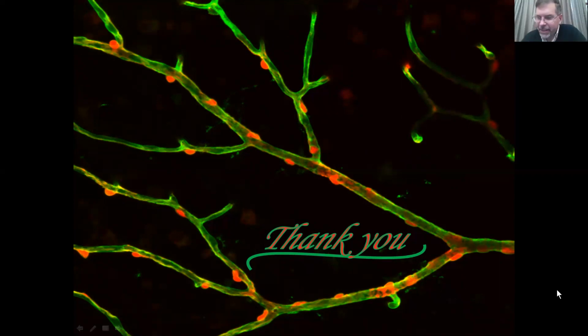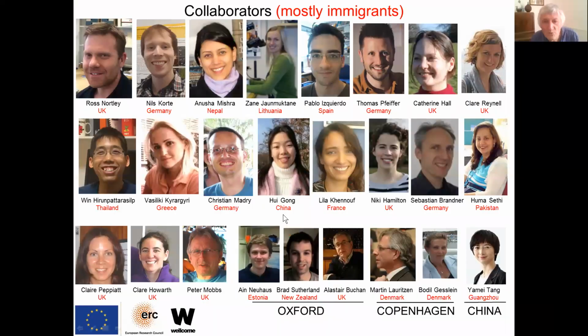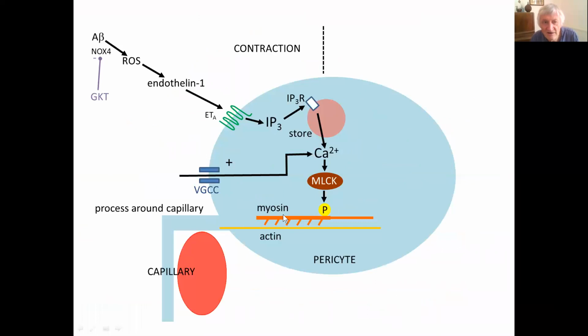Any other question? So I have one. Have you tried GKT together with the injection of A beta, or in an ischemia context? Which drug? Not the GKT, the ligand for the receptor, for endothelin.